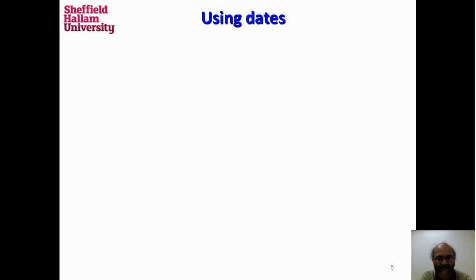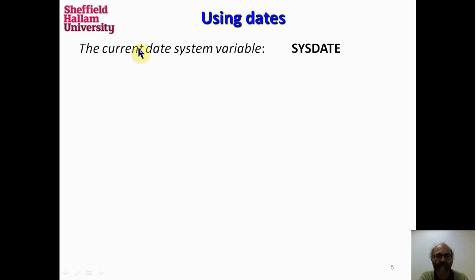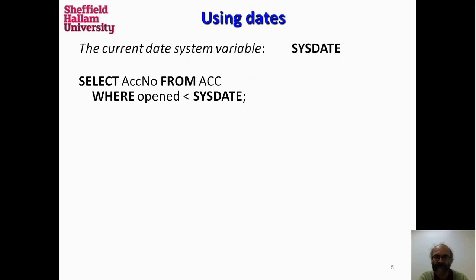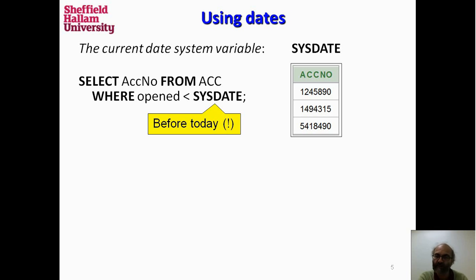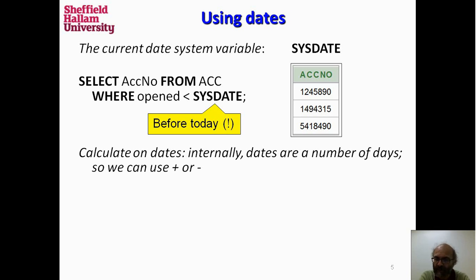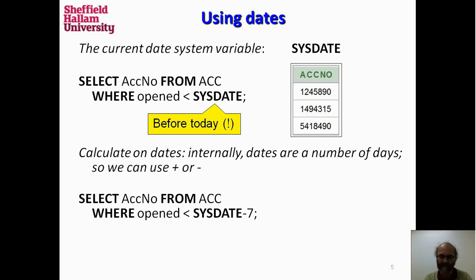Now with date, Oracle has a keyword for the current date as recorded in its system, sysdate. And sysdate can be used where you would normally use a date, like in a comparison. This gives you every account that has been opened before today's date. And we can also calculate on dates by using the plus or the minus signs, like this.